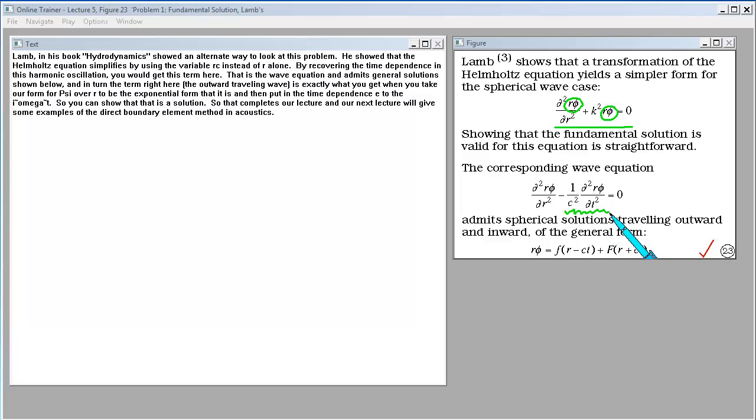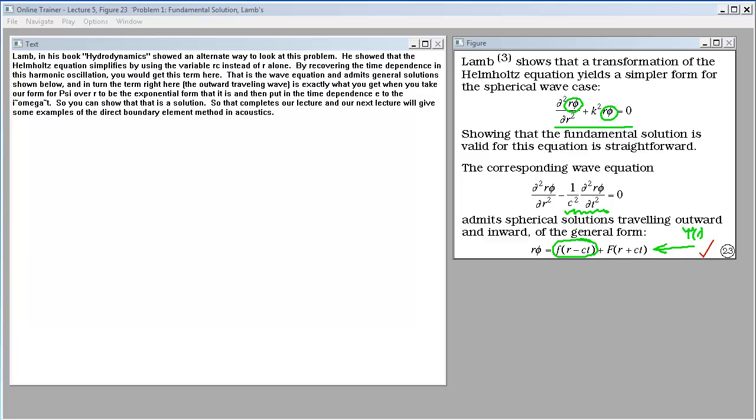That is the wave equation and admits general solutions shown below. And in turn, the term right here, the outward traveling wave, is exactly what you get when you take our form for psi of r to be the exponential form that it is, and then put in the time dependence e to the i omega t. So you can show that that is a solution.